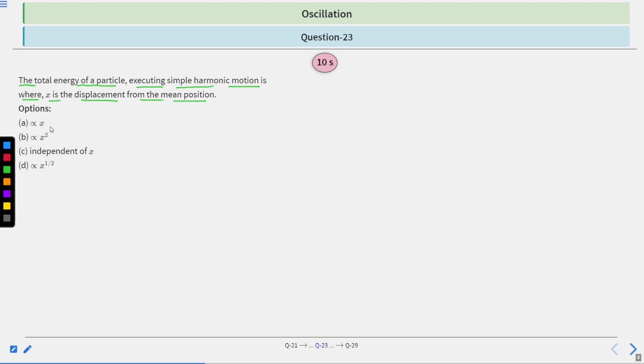A: directly proportional to x. B: directly proportional to x squared. C: independent of x. And D: directly proportional to x to the power 1 by 2. Which option is correct? You have 10 seconds to solve this question. After 10 seconds, we will provide the solution.